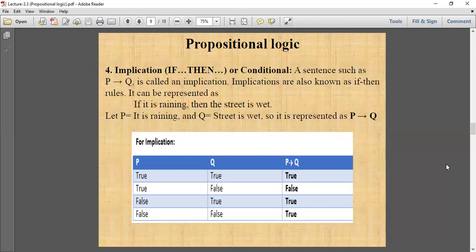So it is represented as P implication Q. Now the truth table of P implication Q. P is true, Q is true, then P implication Q is true. P true, Q false, then P implication Q false. P false, Q true, then P implication Q true. P false, Q false, then P implication Q true.